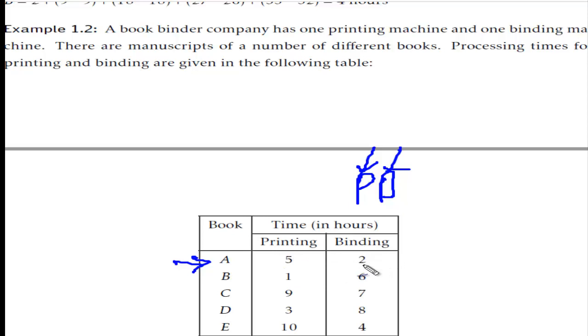Now we have to do something to minimize the overall waiting time, so that the overall time of printing and binding all these manuscripts is minimized, because there are different time slots. Okay, because there is a 6 time and a 9 time. So if we do it just randomly, there will be a lot of wastage of waiting time.